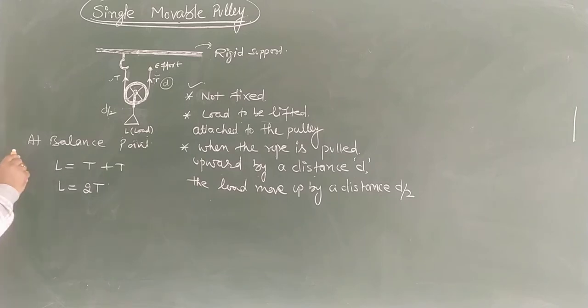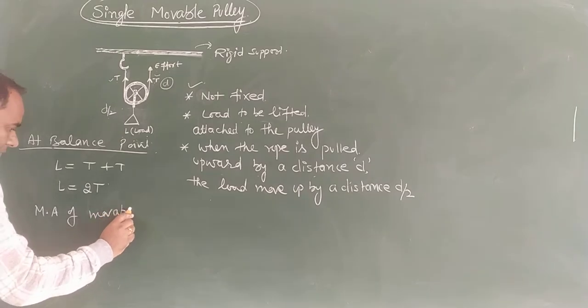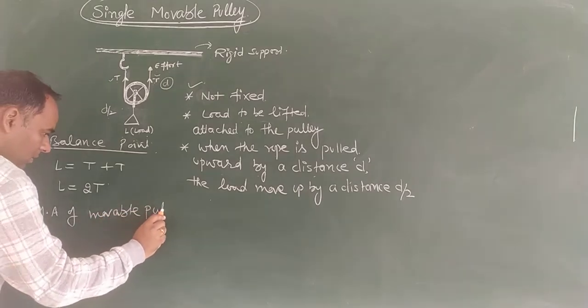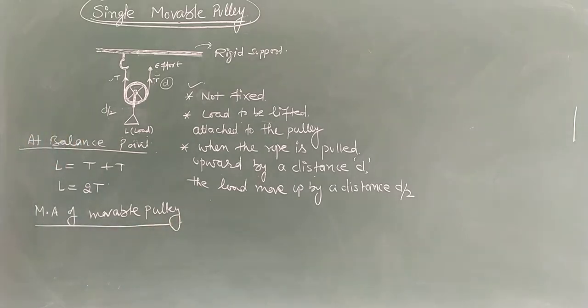Now first, find the mechanical advantage of the movable pulley. So what is the mechanical advantage of a movable pulley? The mechanical advantage is the ratio of load upon effort.